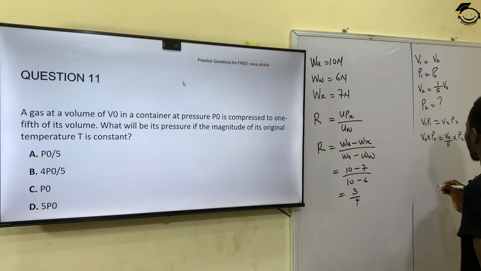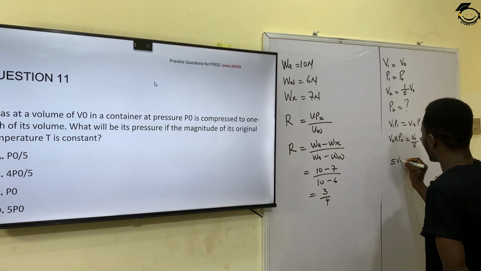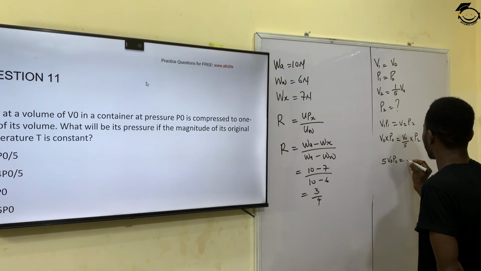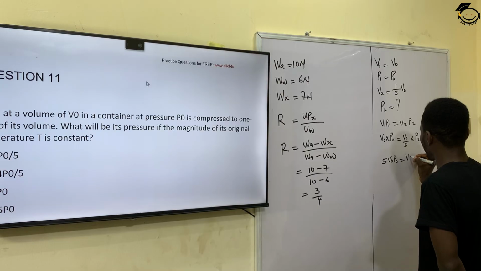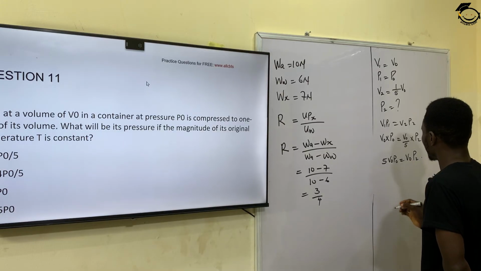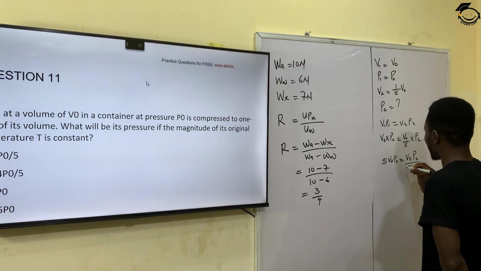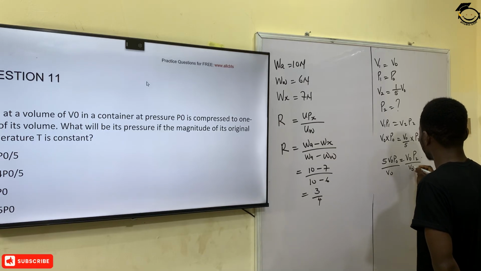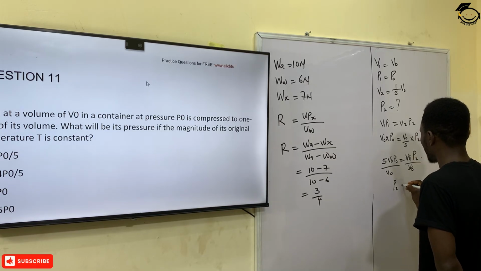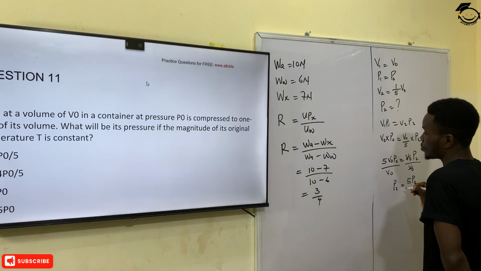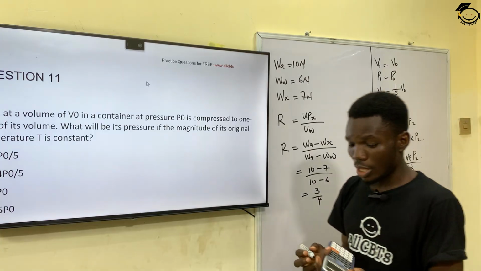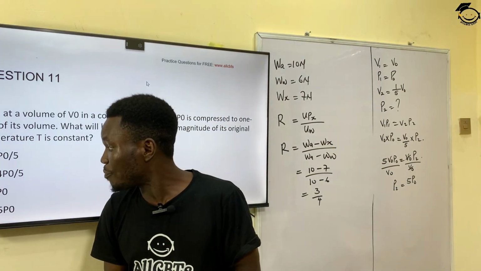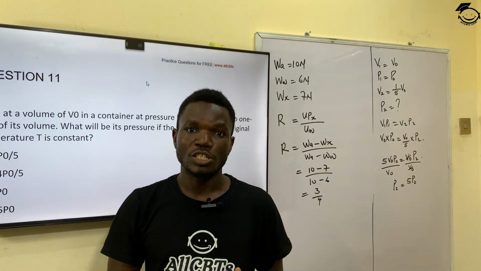If I cross multiply here, I will have 5 V0 P0 is equal to V0 P2. So I divide both sides by V0. This means that my P2 is equal to 5 P0. So the correct answer to this question is 5 P0, which is option D.